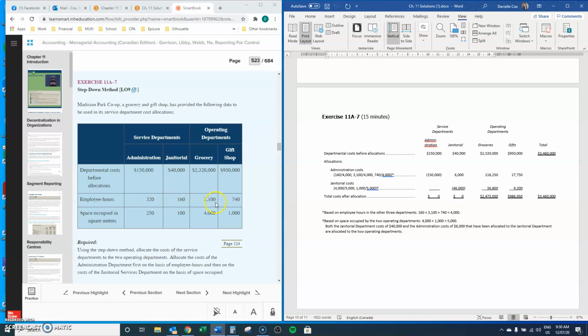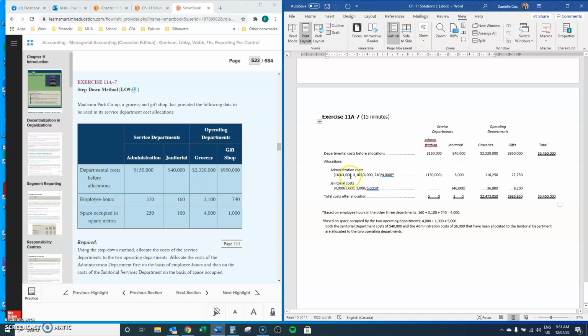Grocery had 3,100 of the 4,000 hours, so 3,100 divided by 4,000 gives their portion of the hours, times the 150. And the gift shop had 740, so 740 divided by 4,000 times the 150. The service department had 150, and we're allocating it out based on hours.